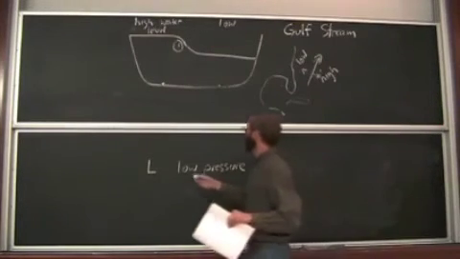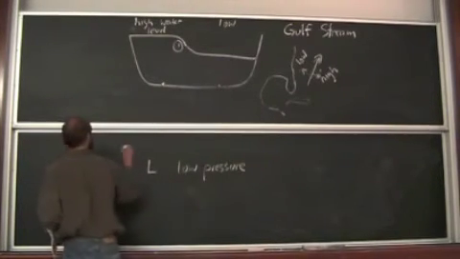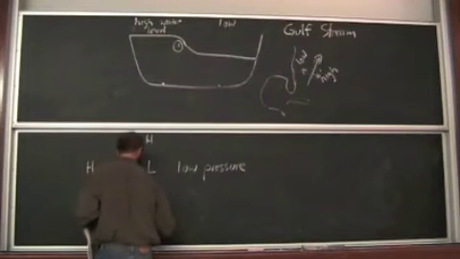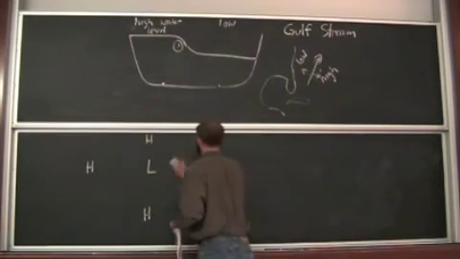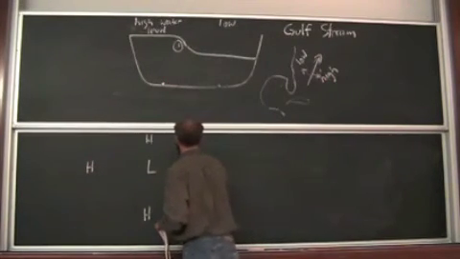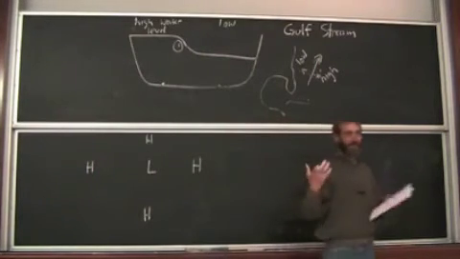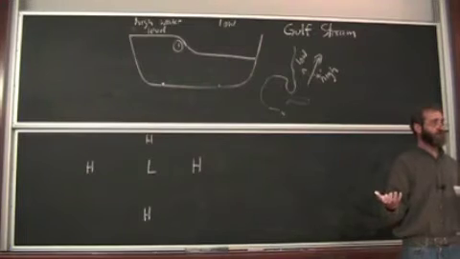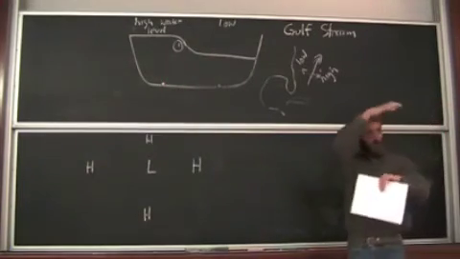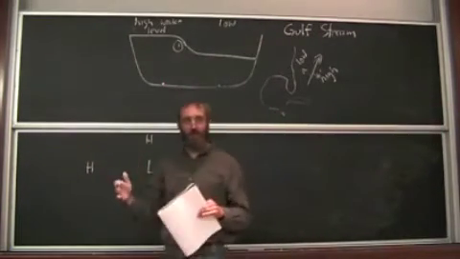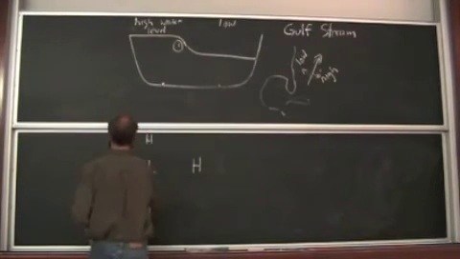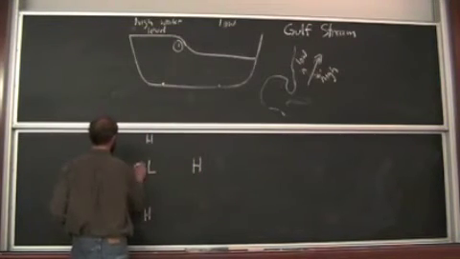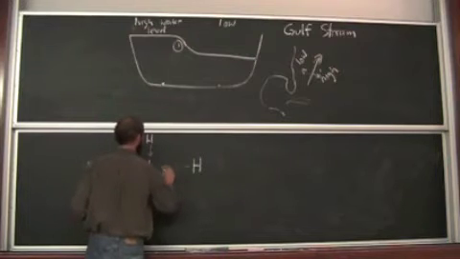You have low pressure in the center and then high pressure all the way around. The natural way for gas to flow would be from high pressure to low pressure. It would be like the water in the bathtub going from where it's deep to where it's shallow. It's exactly the same.